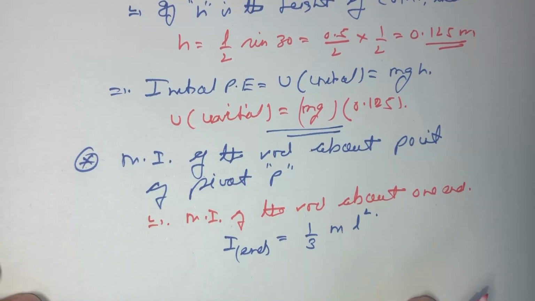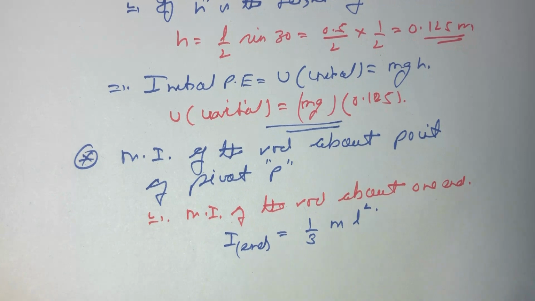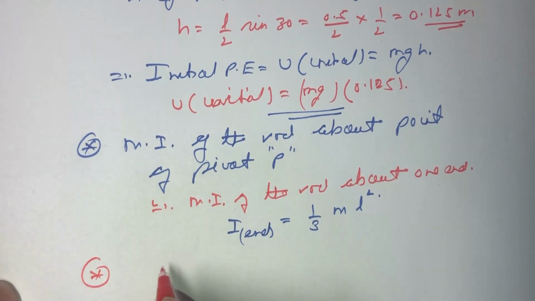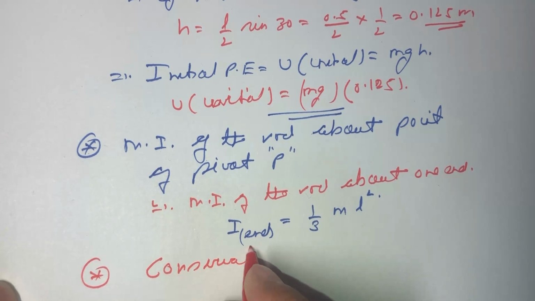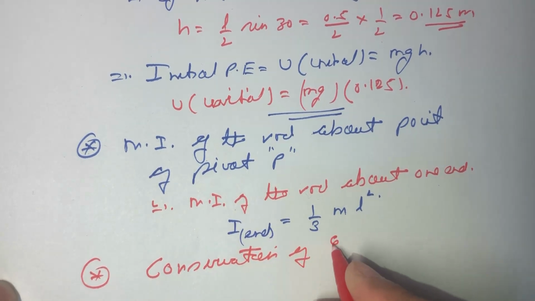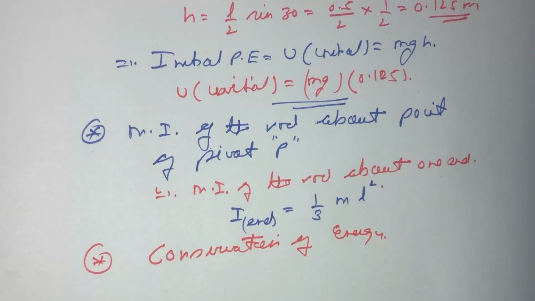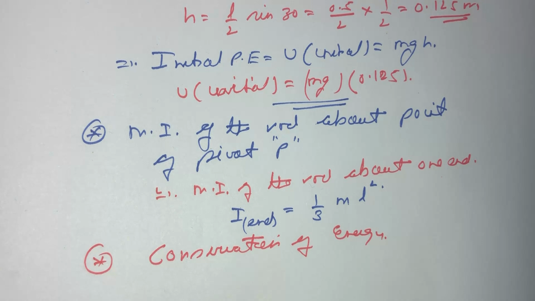Now we can use conservation of energy. It is given that the rod initially is at rest, so it has only potential energy.